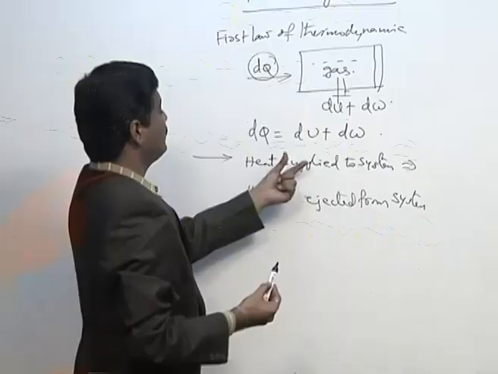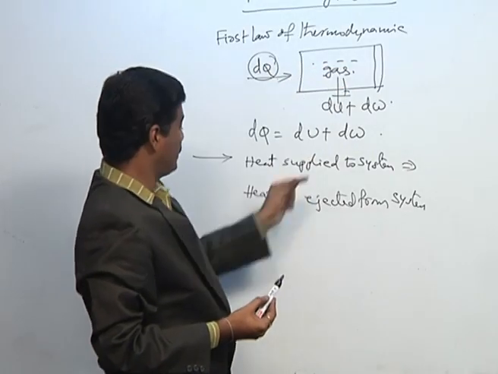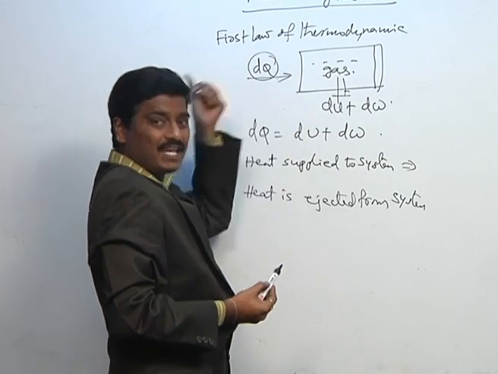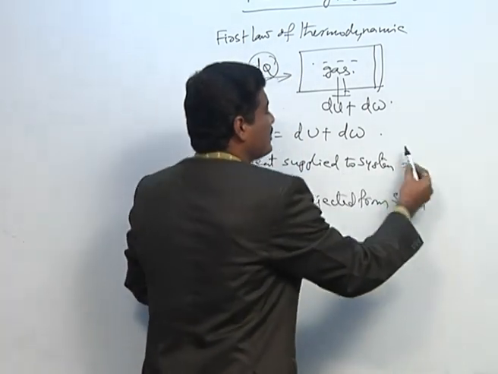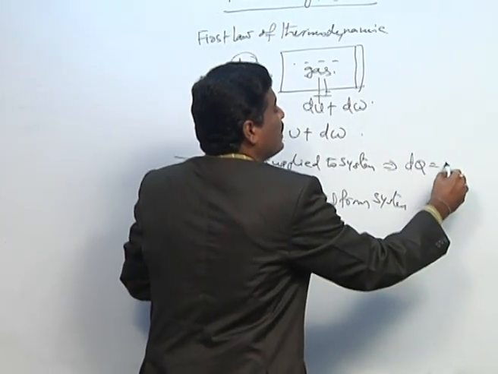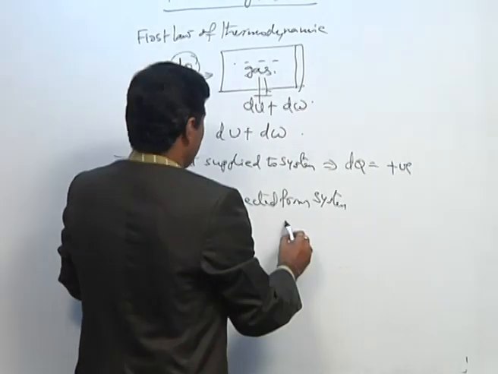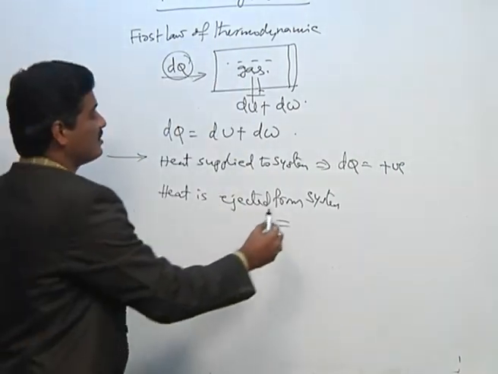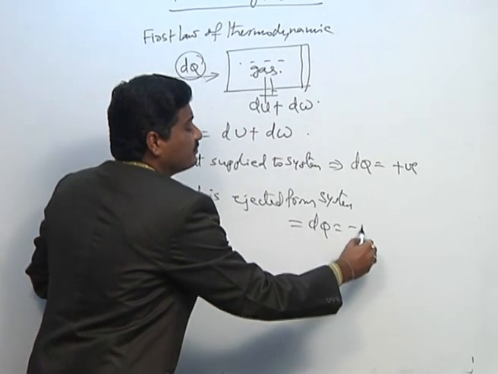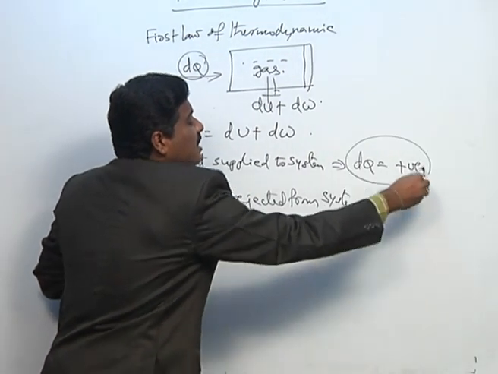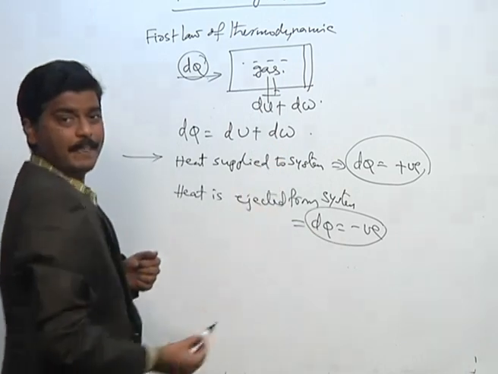In this case, see here, dq is supplied to the gas. In this case, dq is taken from the gas. Whenever you are giving heat to the system, dq is positive. Whenever heat is taken from the system, dq is negative. Generally we are using these conventions in solving the problems.